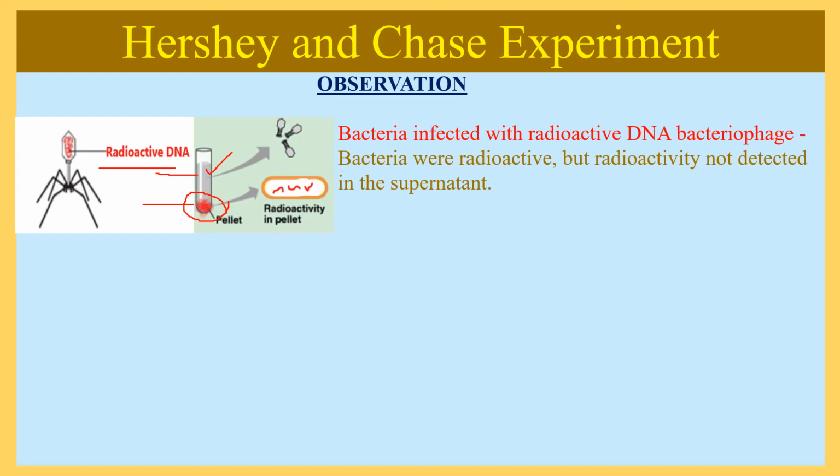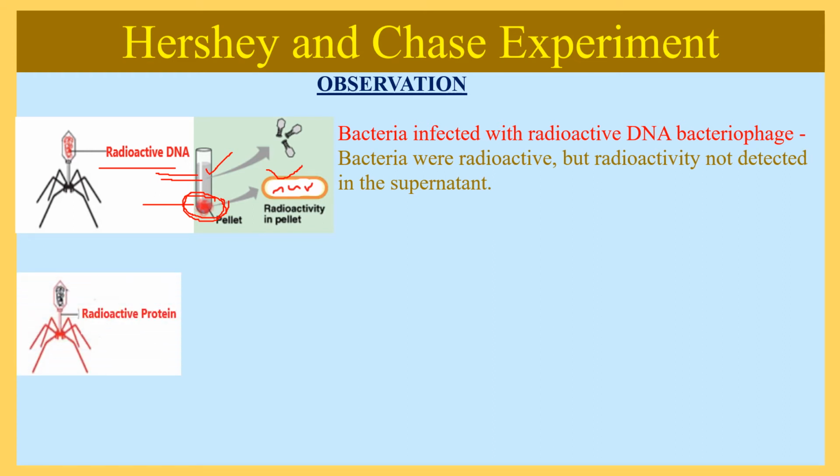The bacteria have the higher density, so they deposit at the base. The viruses have the lower density, so they float in the supernatant. In the first setup, the deposit or the pellet is radioactive. That means bacteria are radioactive.